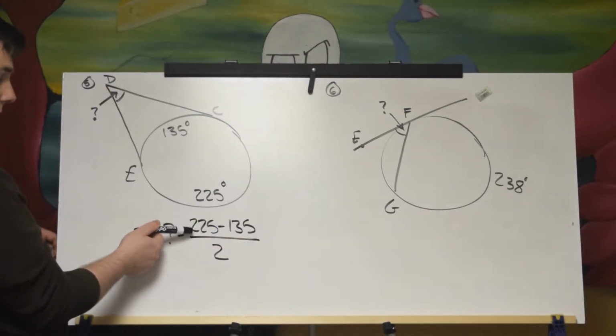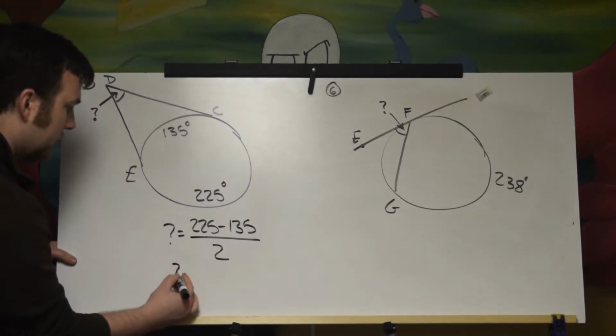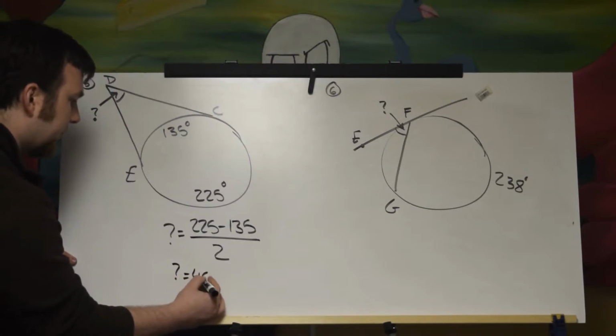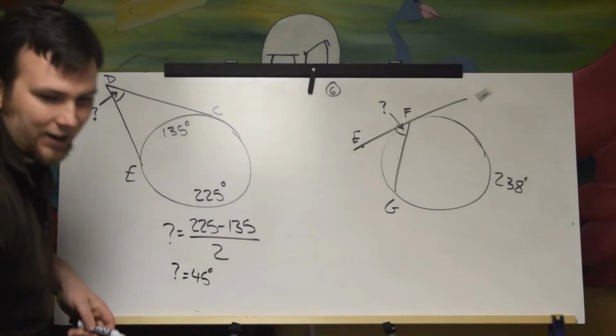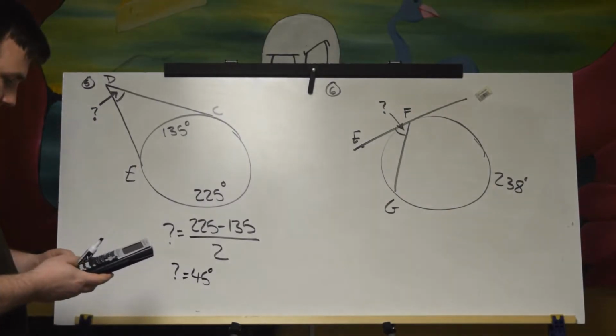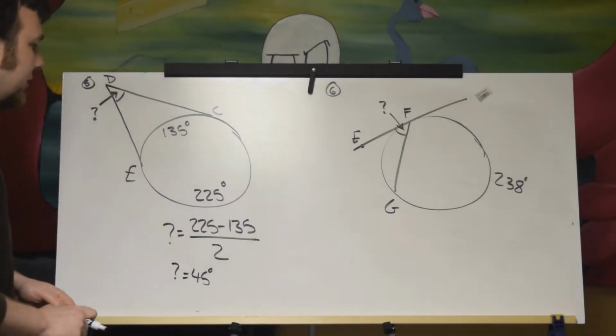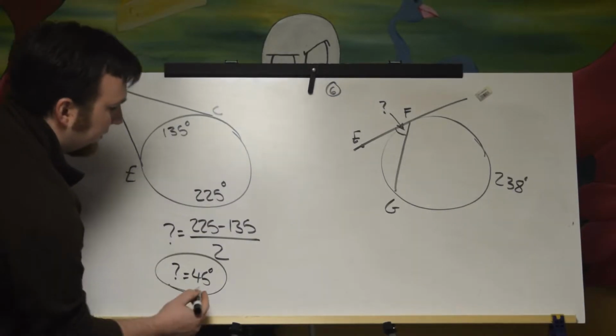Let's see, that looks like 90 on top, and then when we divide it by 2, that should give us 45 degrees. I better check that with a calculator. 225 minus 135. Yeah, 90 divided by 2 is going to give you 45 degrees.